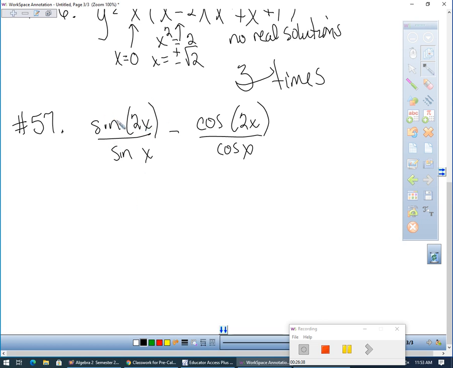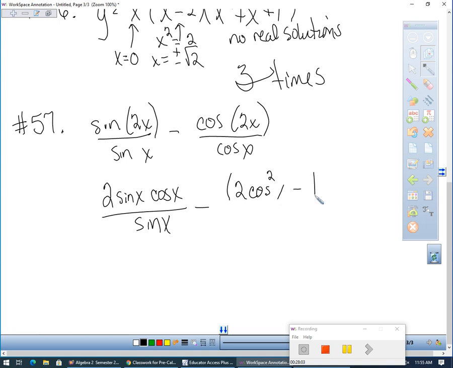So we know sine 2x is actually the same as 2 sine x cosine x, still over sine x, minus, now we can change out cosine also. One of the ones for a double angle for cosine, and it wouldn't matter which one you chose to use, is 2 cosine squared x minus 1 over cosine x.